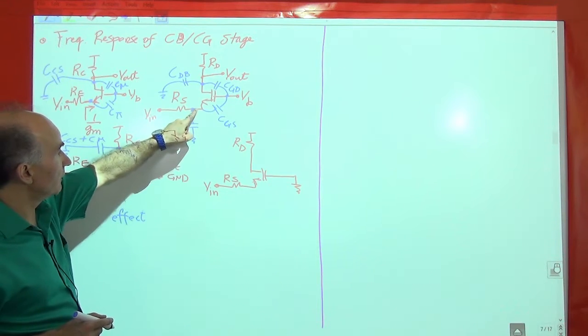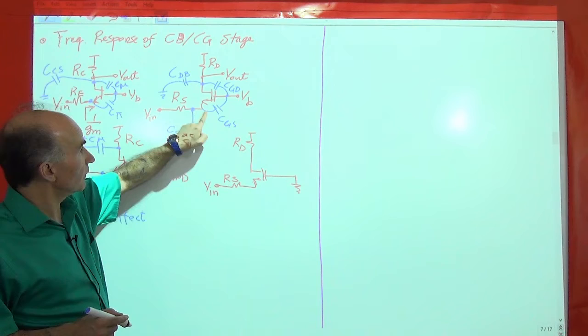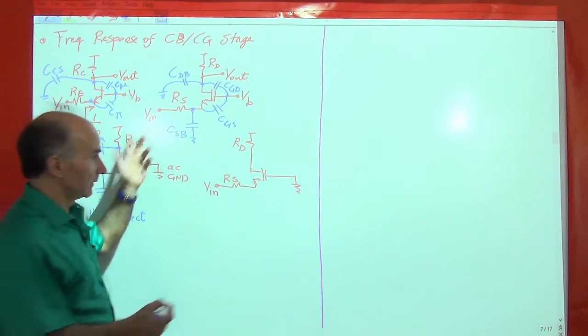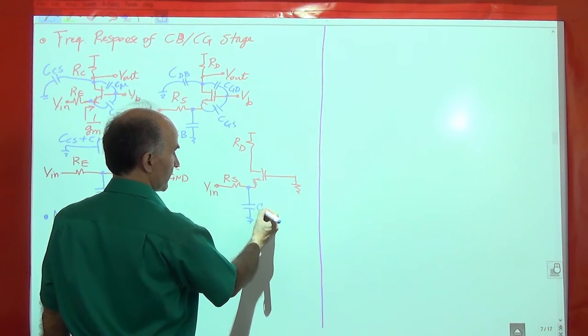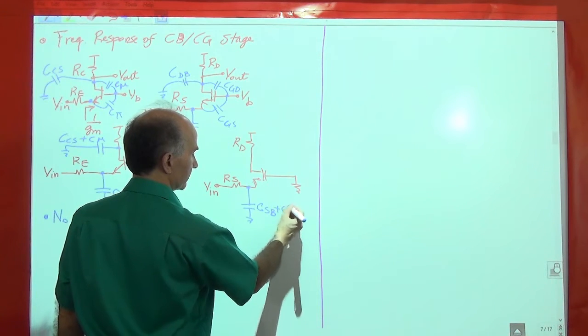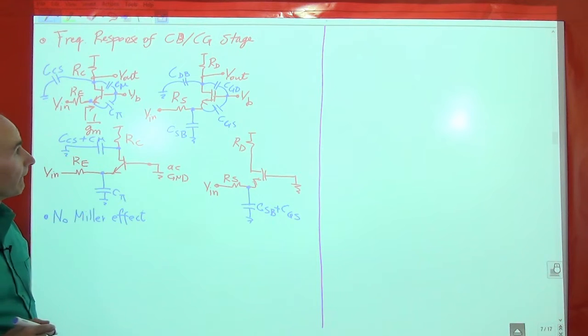Okay, so how about the caps in the common gate stage? Well, we have CSB from here to ground, great. How about this one? CGS goes from here to AC ground. So these two are in parallel, very good, so we just add them together. So we have CSB plus CGS. All right.